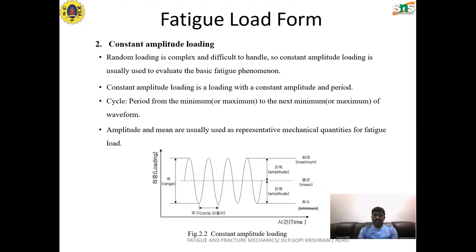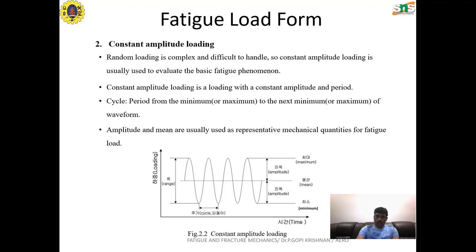You can see a number of diagrams given in the plot between the loading and the time, and it depends upon the different R values. When the R value is below zero, or when the R value is above zero, or if the R value is greater than one, we get a different kind of cycle.